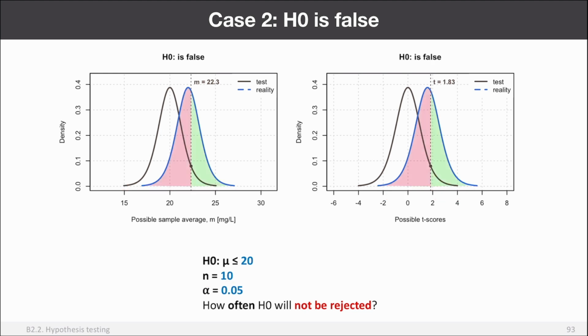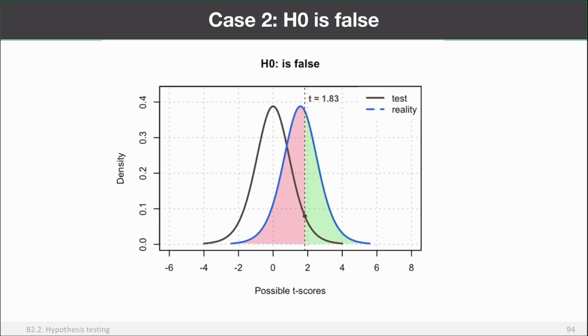These are the two situations, and the areas of these two areas are the probabilities that you will make one or another decision. The green, you will reject the null hypothesis. It's green because in this case it's a correct decision, because the null hypothesis is wrong. And the red is when you cannot reject the null hypothesis. In this case, you will make a wrong decision.